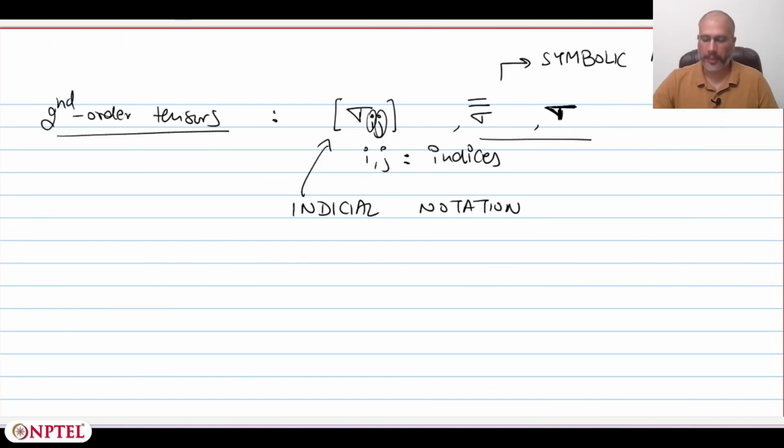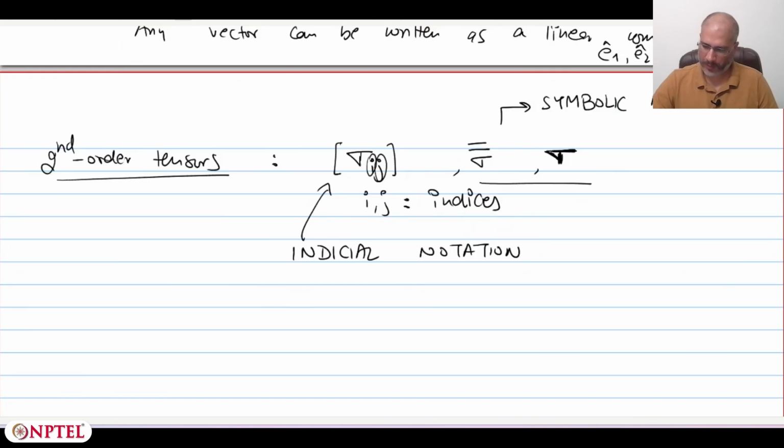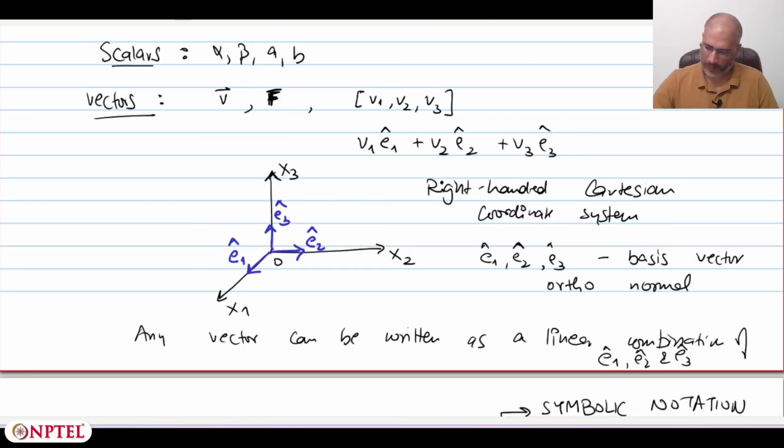So just like second order tensors, in fact, I'll go back to vectors. Vectors are also denoted like this, with v with an index i, and then you put square brackets around it. So that is also a method which is used to denote vectors, which are tensors of order 1. So you can see a pattern now. The number of indices that you see below the quantity written as subscript is denoting the order of the tensor.